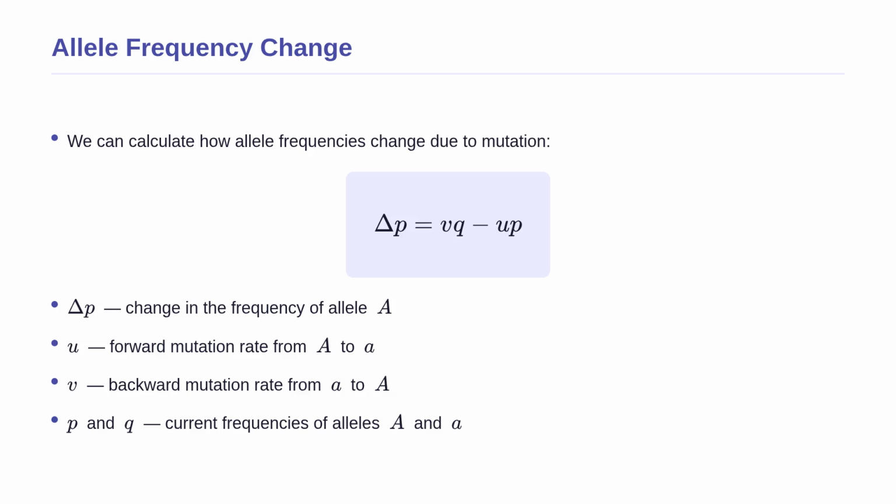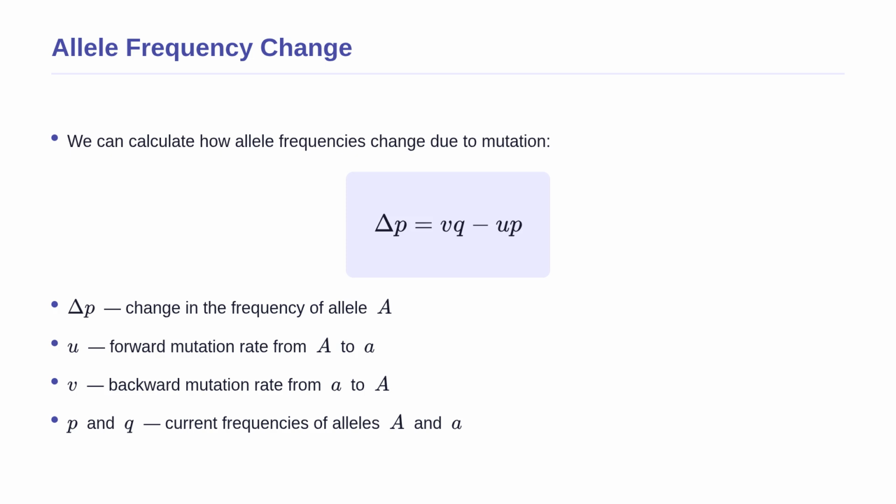Since mutation is the engine of variation, let us look at how we can measure its impact mathematically. The formula on screen calculates the change in allele frequency over a single generation. Delta P represents this net change. It depends on two competing rates. The variable U is the forward mutation rate, meaning the probability that allele capital A mutates into allele lowercase a.